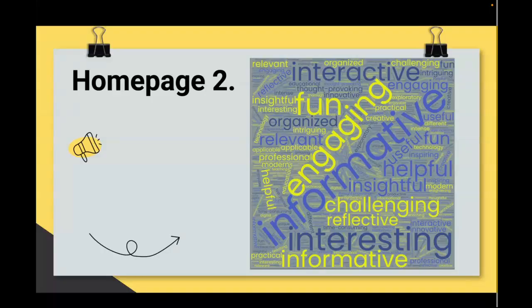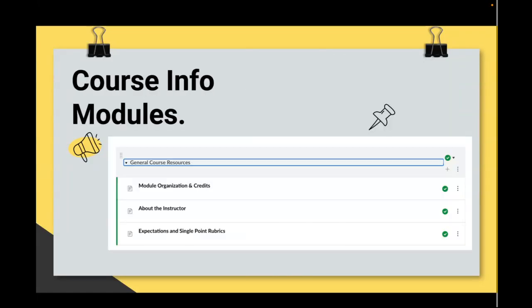I asked them to describe the course in 3 words. And with a word cloud, the words that appear larger are words that more students have used. So I'm hoping every time they log in, they're seeing some of these words and they're excited or inspired to get going on their coursework.